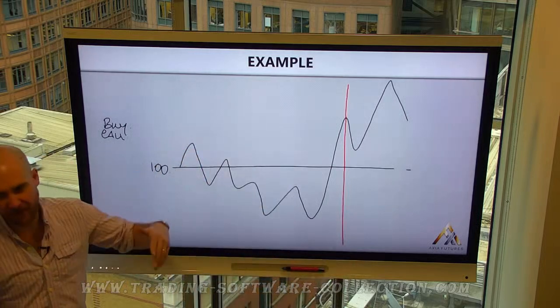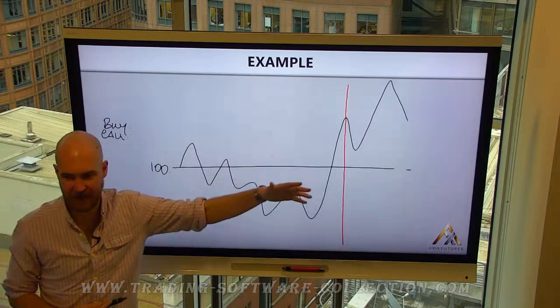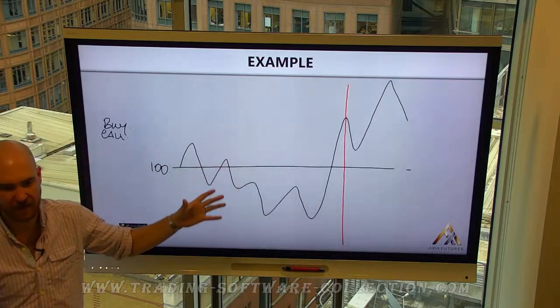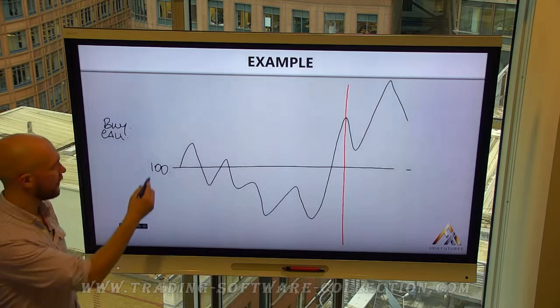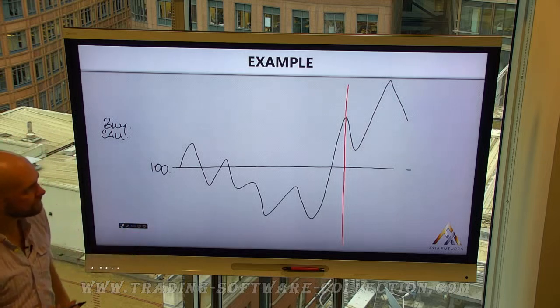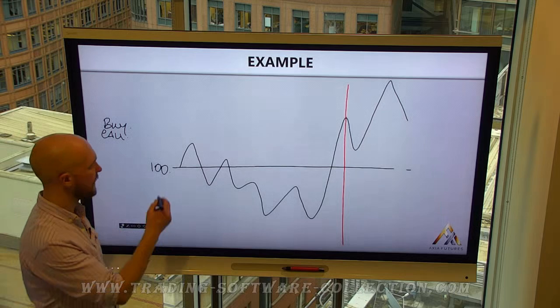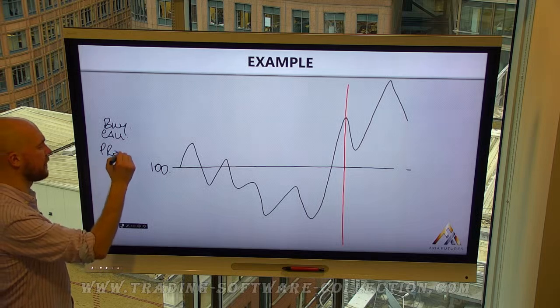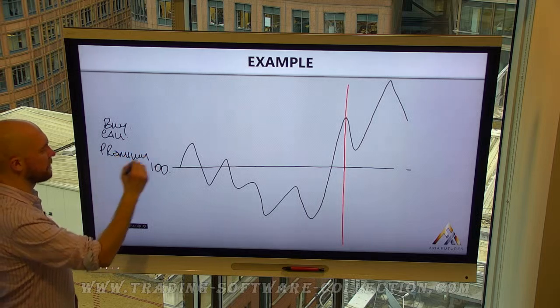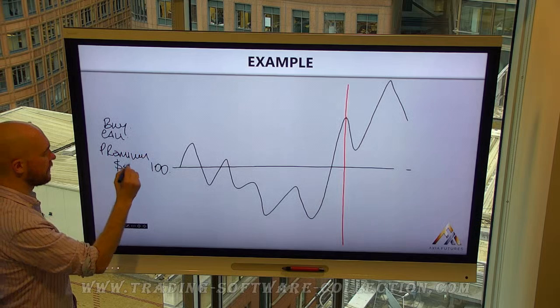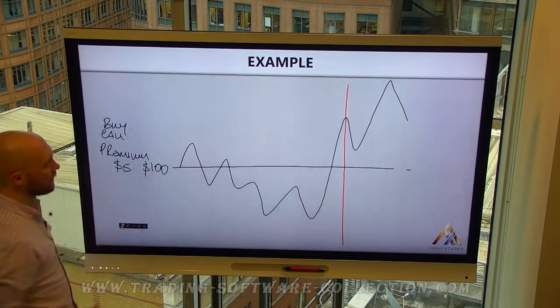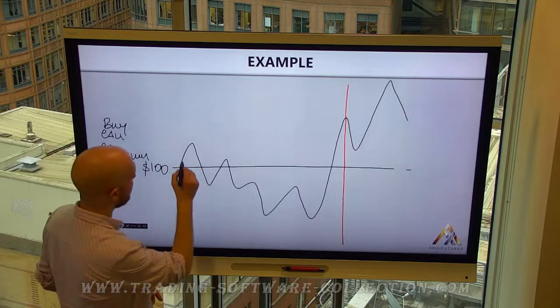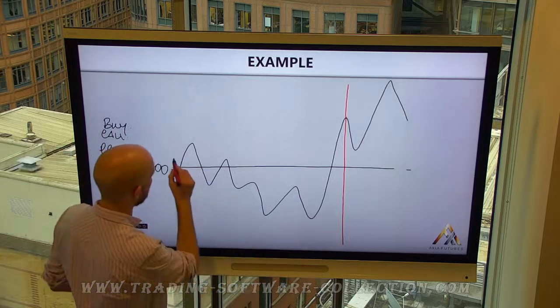Now, if this is a European option, it cannot get exercised until we hit that expiry date. And so we've got a strike price of 100. So effectively, once you've covered the premium, so if our premium is $5, you need to get to 105, and then you are in the money.